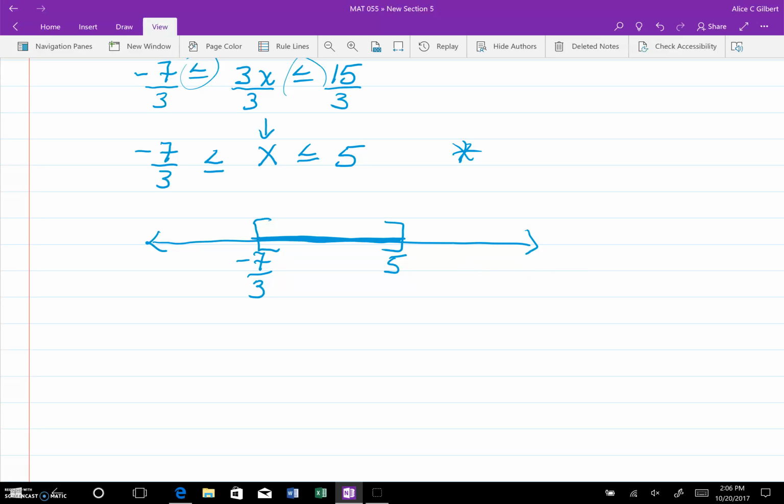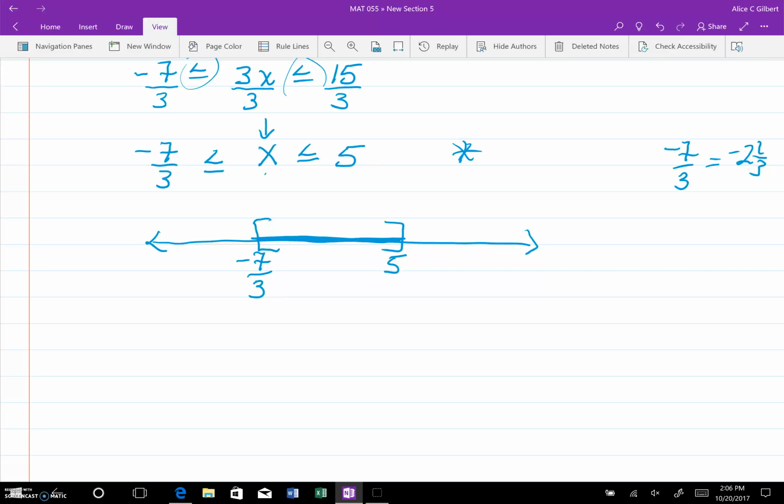So going the other way, I can check the same thing by saying, how about negative 6? Okay, is negative 6 greater than negative 7/3? Remember, negative 7/3 is thirds, I'm getting ahead of myself, it is negative 2 1/3. So is negative 6 greater than negative 2 1/3?